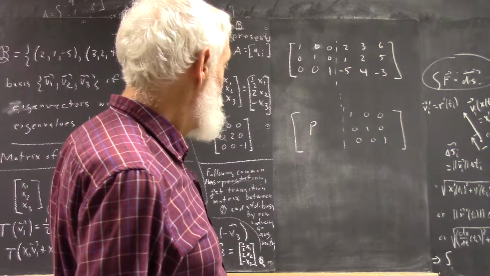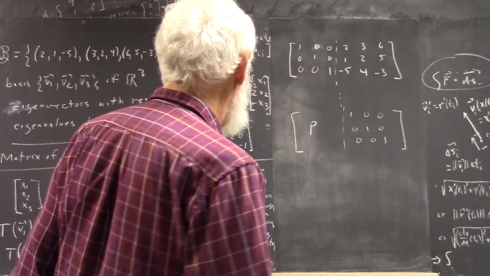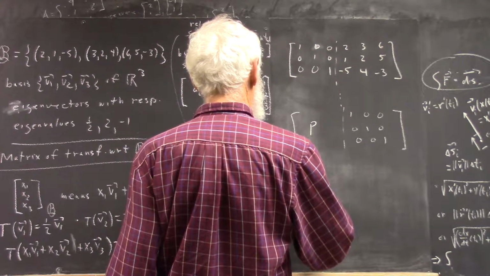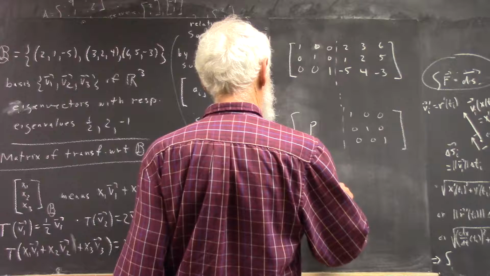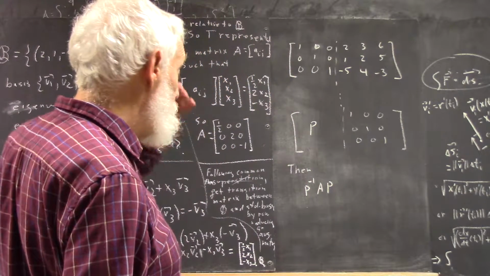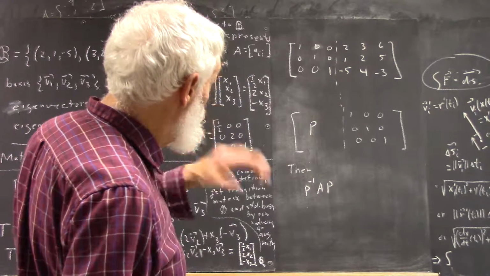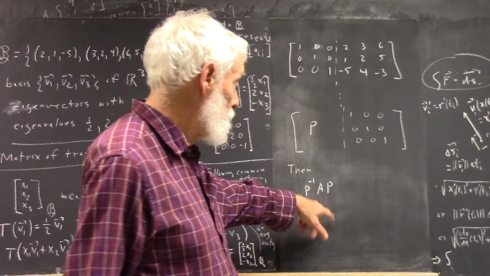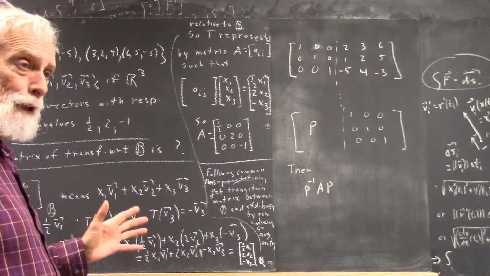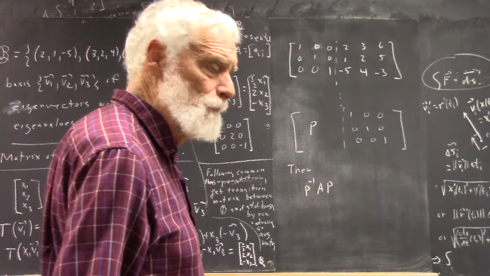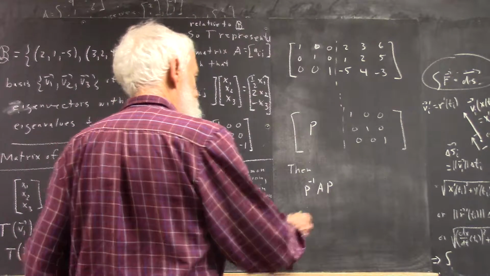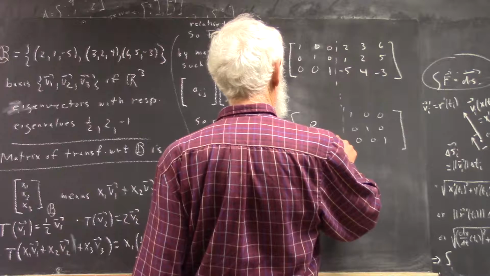Well, when we do this, then your P inverse AP matrix, and I'm not sure if this should be P or P inverse, I have to write it out. And you can get that straight. So is this P, or is this what we call P inverse?